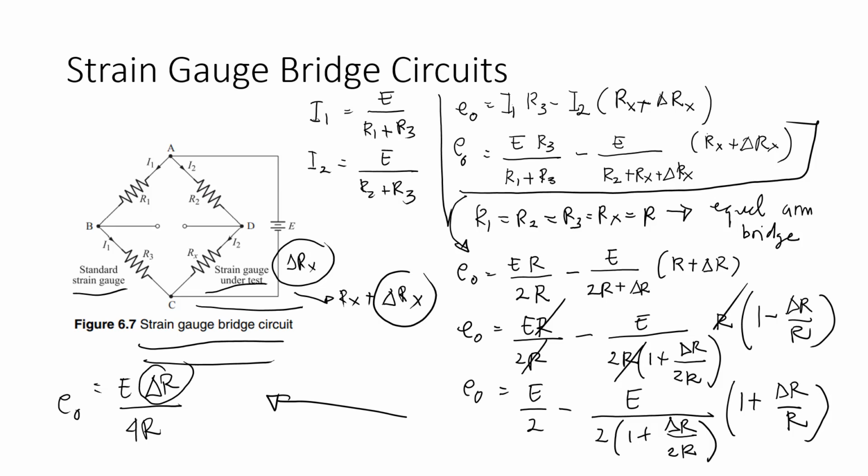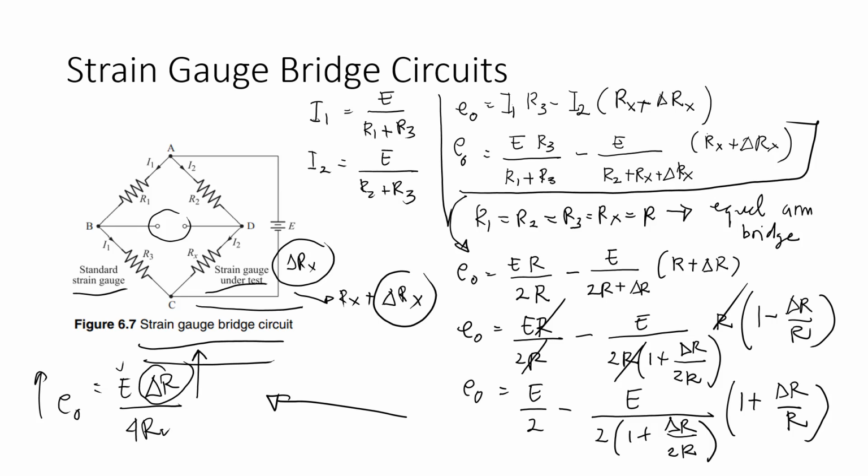If E is constant and R here is constant, then this is linear, so the change of delta R will change E0. So we can measure the parameter using the strain gauge bridge circuit because of these mathematical equations.